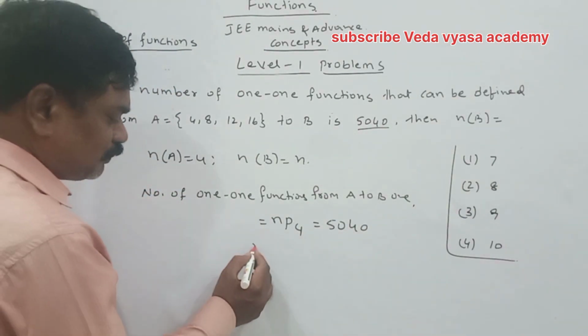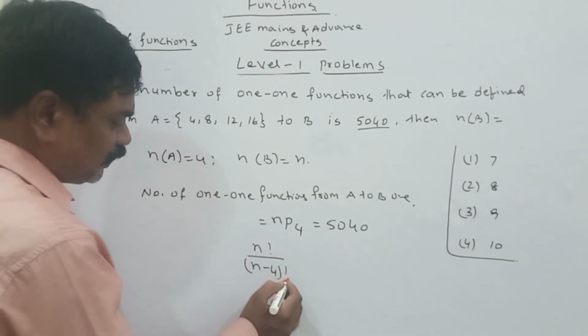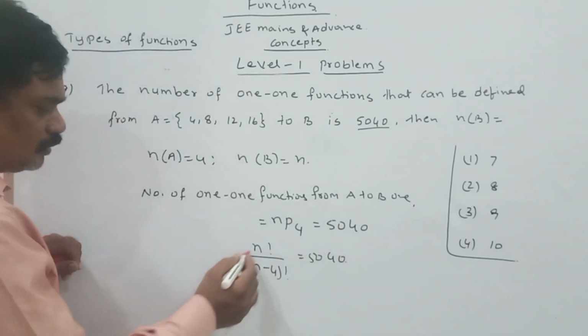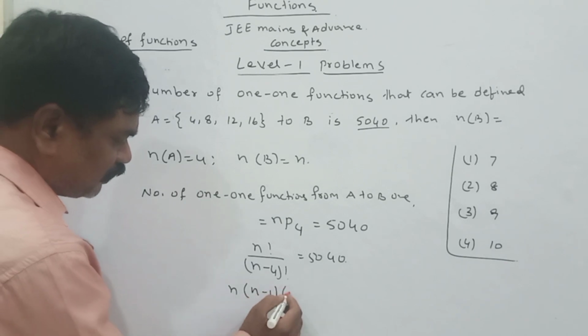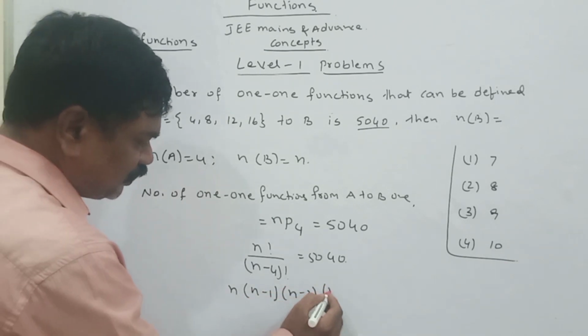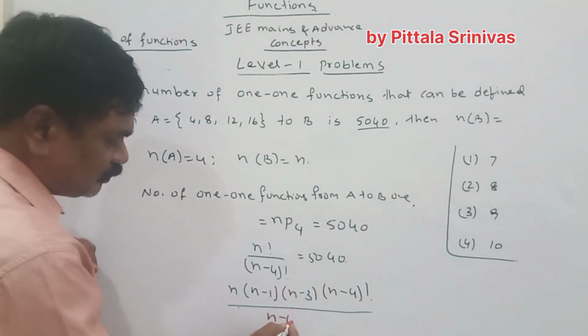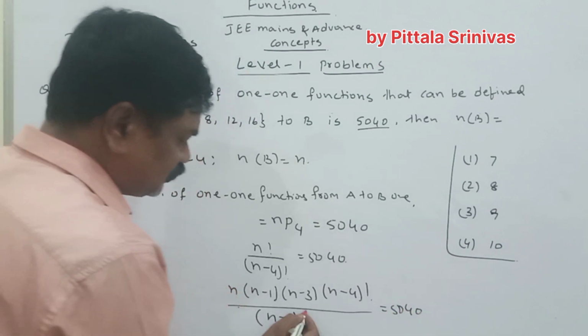So nP4 means n factorial by (n minus 4) factorial is equal to 5040. So n factorial is equal to n into (n minus 1) into (n minus 2) into (n minus 3) into (n minus 4) factorial, by (n minus 4) factorial, equal to 5040.